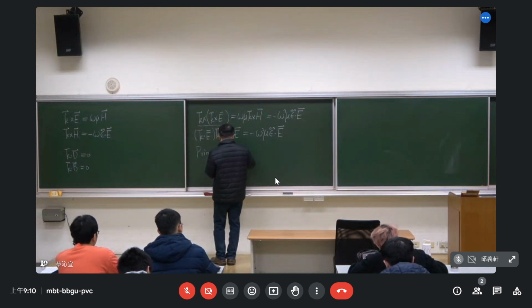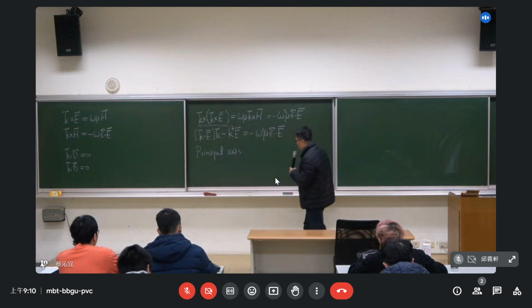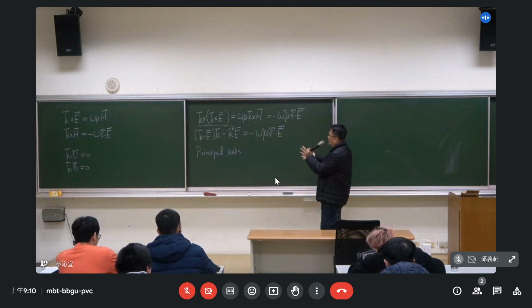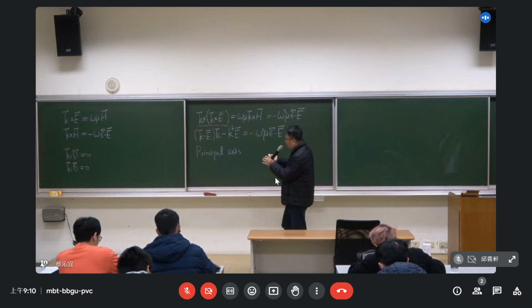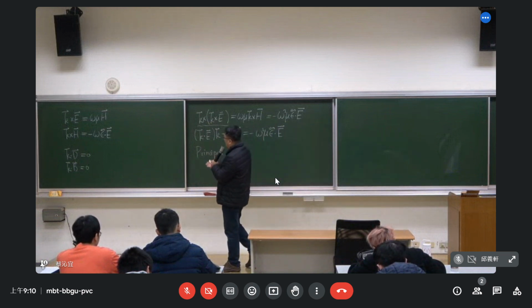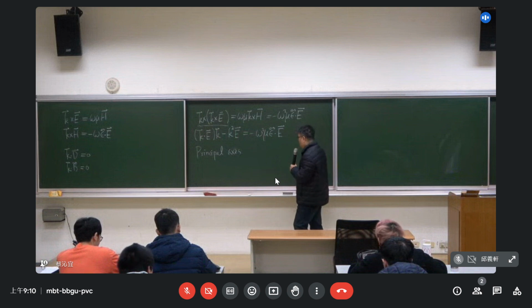Okay. So now, if we use the so-called principal axis as our coordinate system, we choose our coordinate system to have axes along the principal axes.